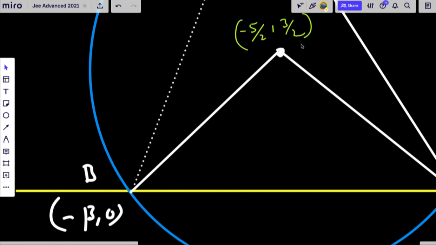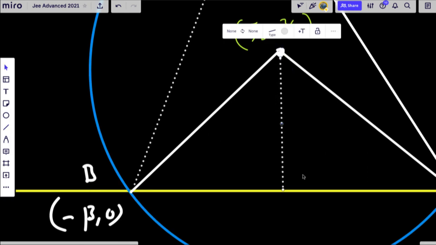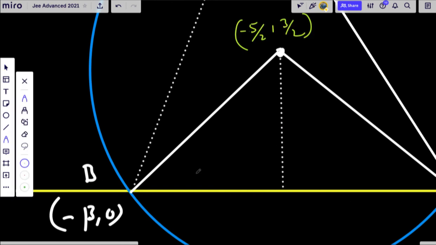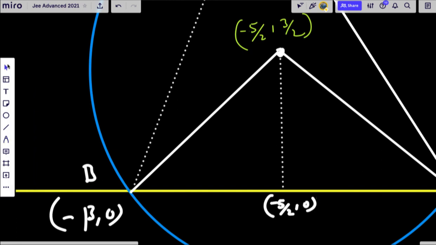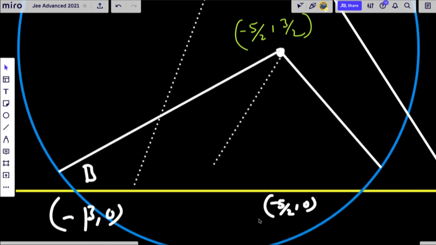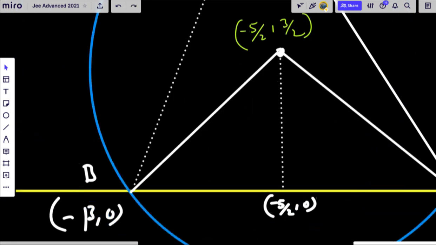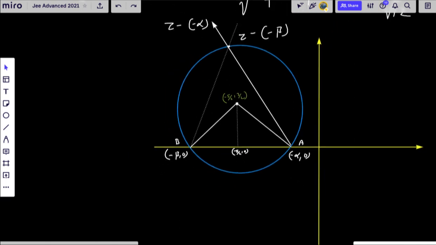Okay. And so if we drop a perpendicular from here to here, with the radius of the same circle, this behaves as an isosceles triangle, and here that is minus 5 by 2 comma 0. Okay, fine. So let's say this is minus 5 by 2 comma 0.